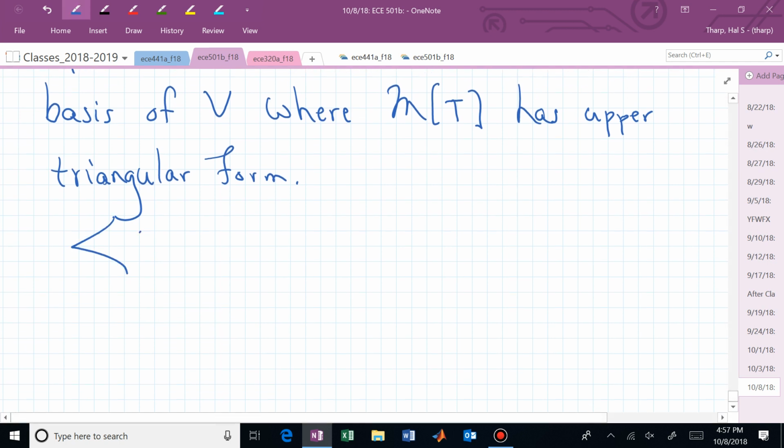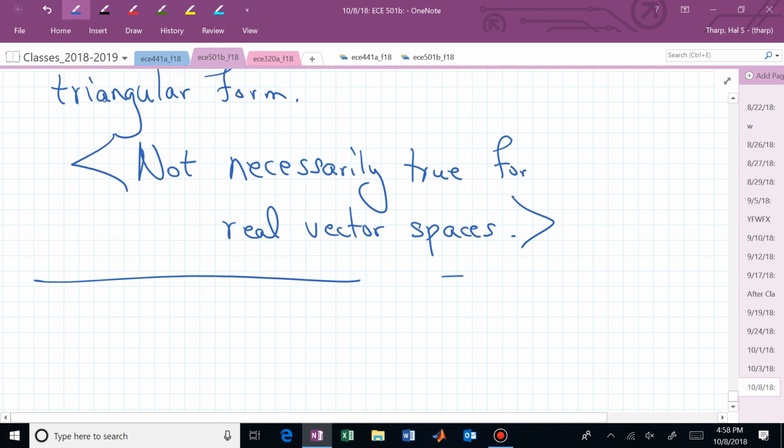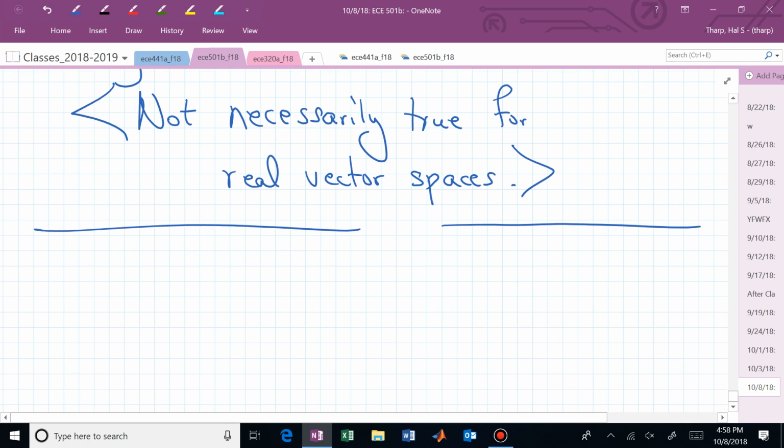So let me just say that this is not necessarily true when we're working with real vector spaces. So let's just discuss our way around that notion.